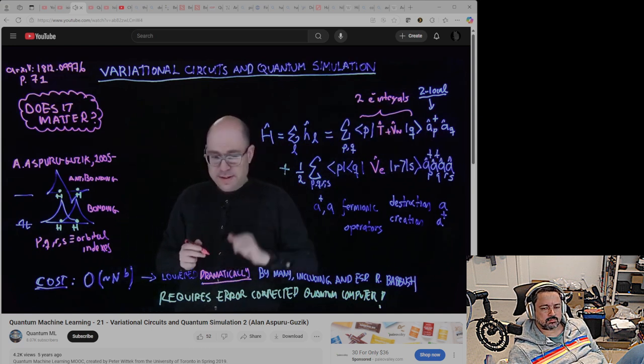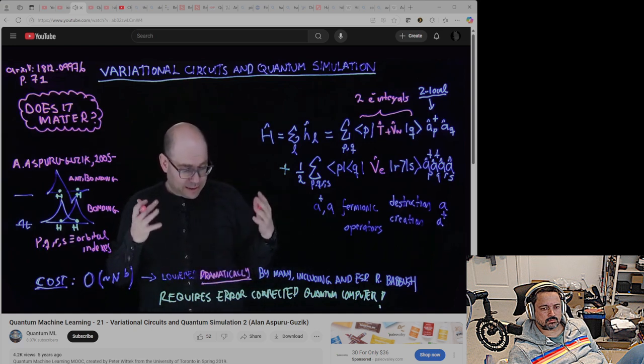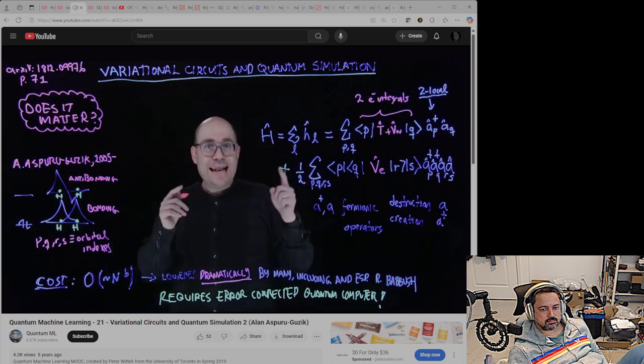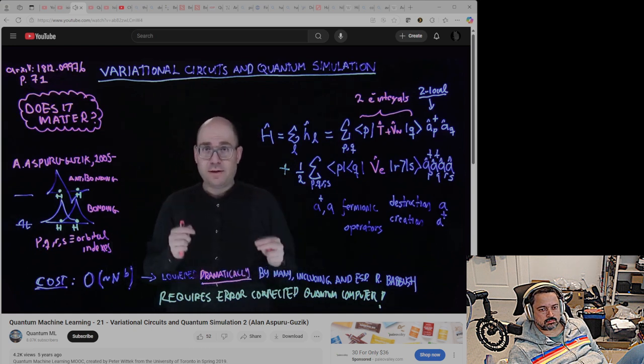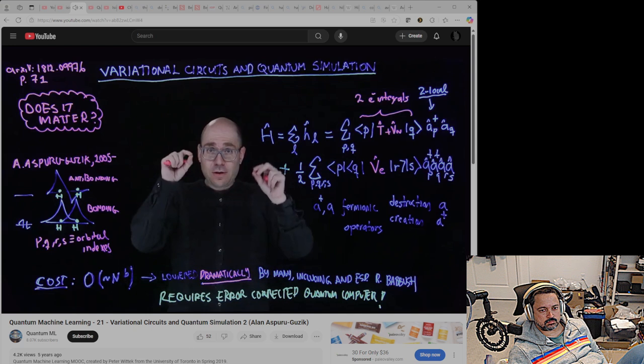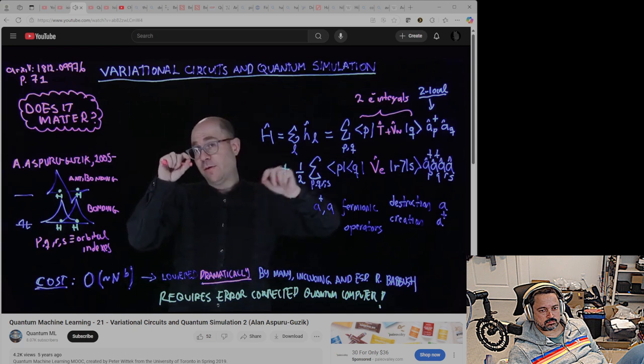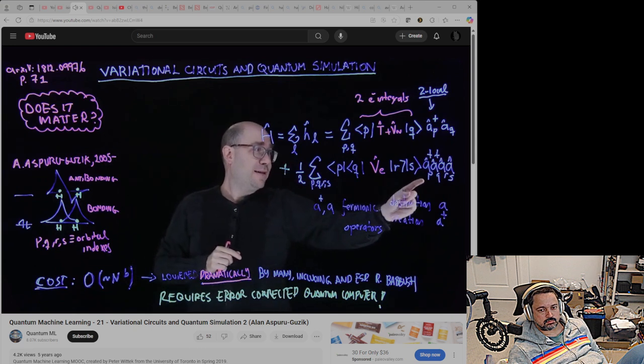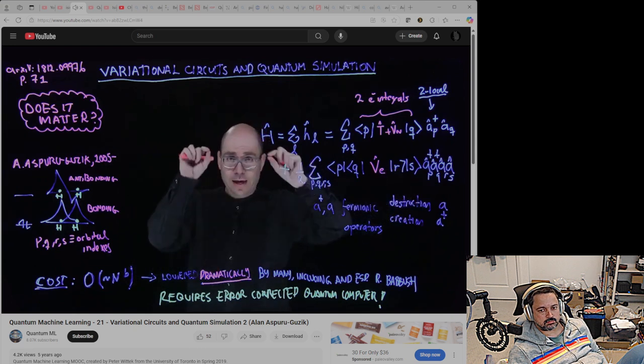And a more complex term that we, as chemists and condensed matter physicists, like to think about is the electron-electron repulsion. This is a many-body term because if there's an electron fluctuating somewhere, it's going to influence another electron. So the way you want to think about it is the presence of two electrons.